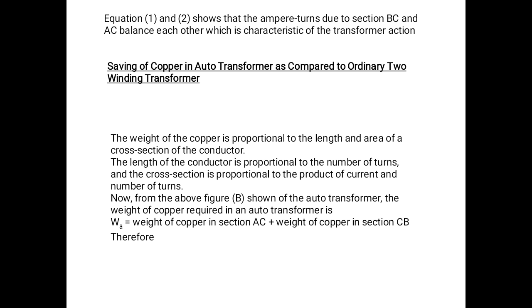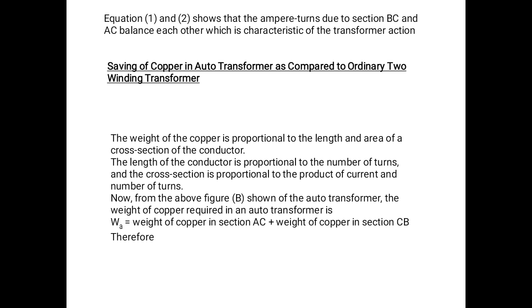Now, saving of copper in auto transformer as compared to an ordinary two-winding transformer. The weight of copper is proportional to the length and area of the cross section of the conductor.